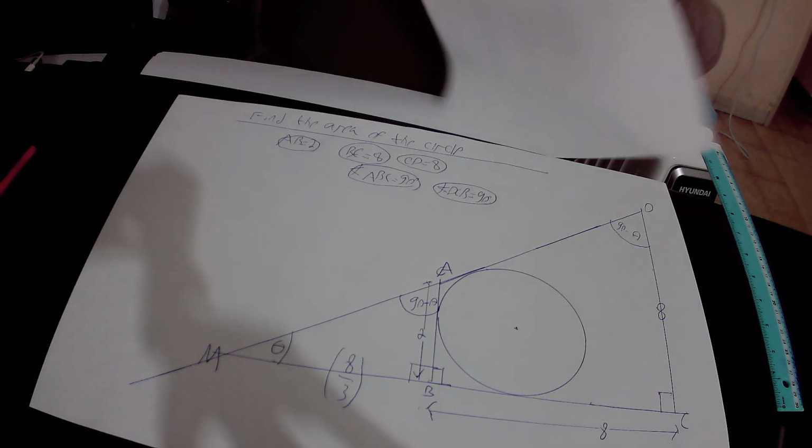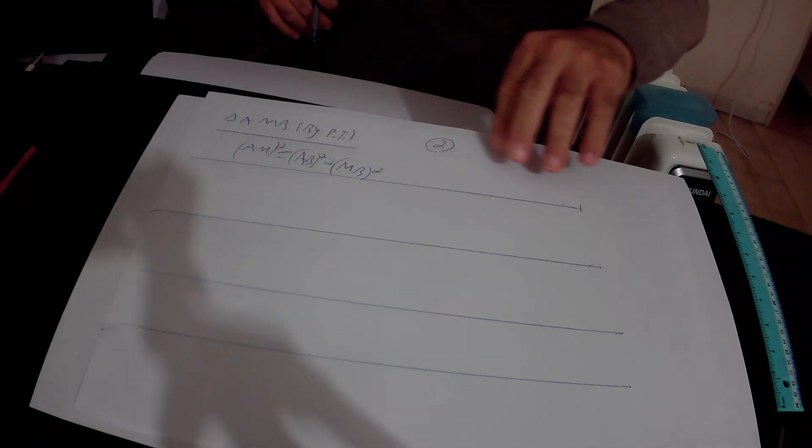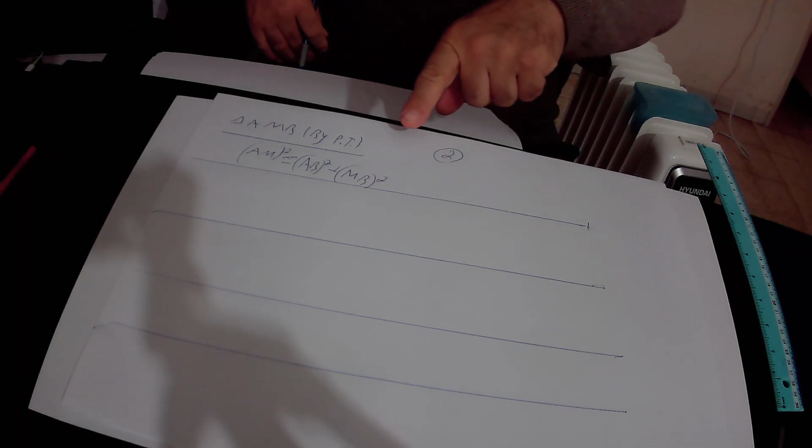Repeat again, AM square equals AB square plus MB square.